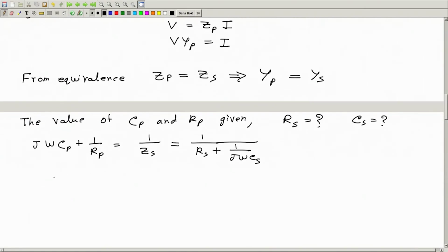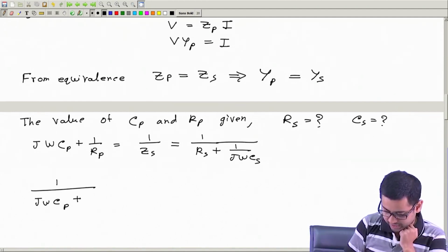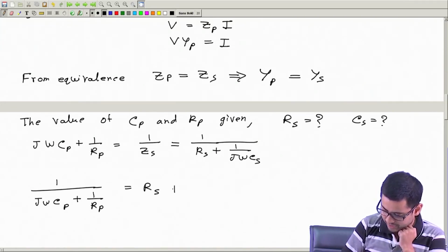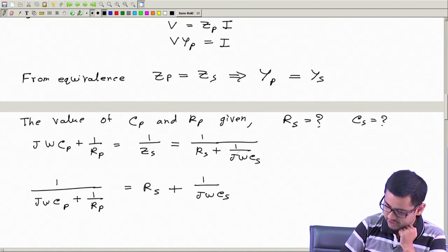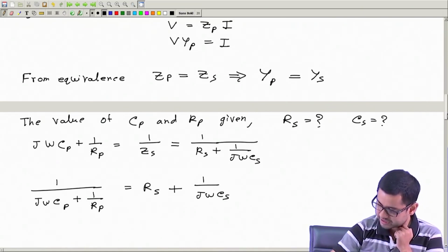Let's write it in terms of impedance, let's see whichever is easy. So 1 by (j omega Cp plus 1 by Rp) is the same as Rs plus 1 by j omega Cs. Okay, so this is the impedance, this is also the impedance.